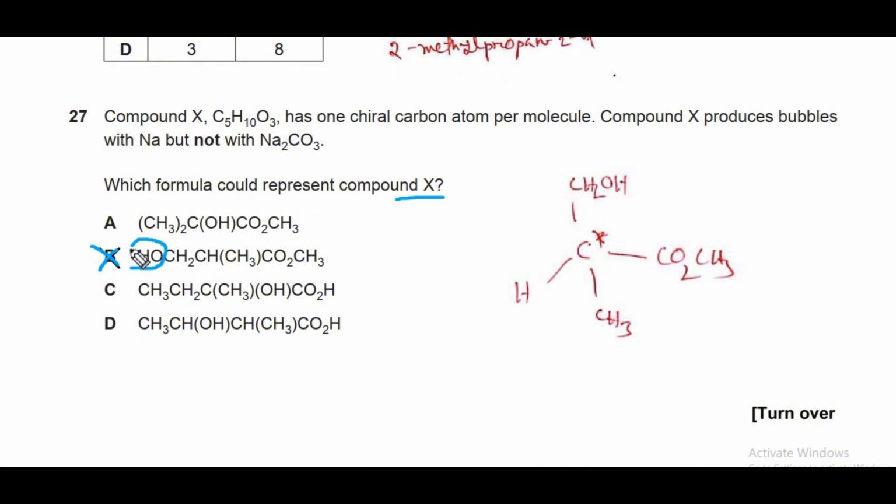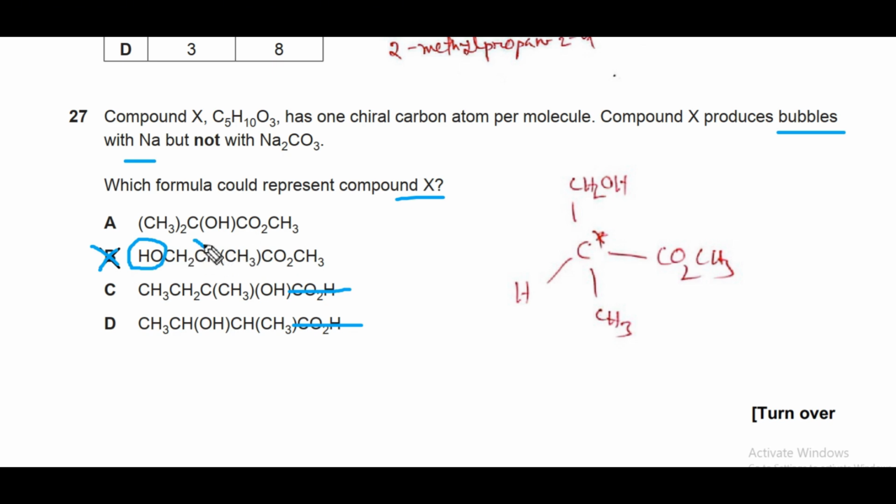B contains an alcohol group. Alcohol reacts with sodium to produce hydrogen gas, that means bubbles, and not with sodium carbonate, that means it is not an acid. So C, an acid, is wrong, D is also wrong. And B also has a chiral center.